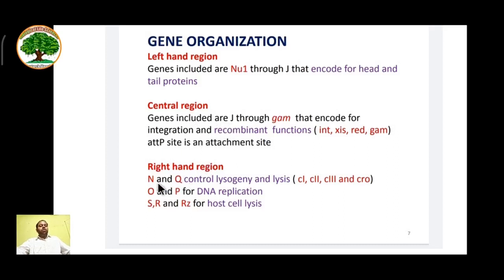In the right hand region, there is N and Q, cro and cI that control the lysogenic and lytic cycles. These four genes are very important for controlling the lytic and lysogenic cycles in this phage. O and P are for DNA replication of this genome, and S, R and Rz are for host cell lysis in the lytic cycle.